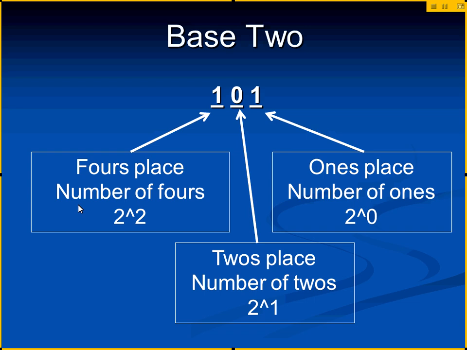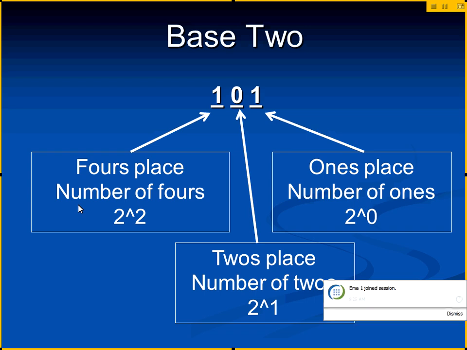So how many numbers was that altogether? If I go from 2 to the 0 up to 2 to the 7, that's 8 numbers. From 0 to 7 gives me 8 numbers.